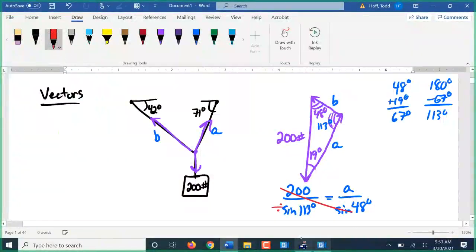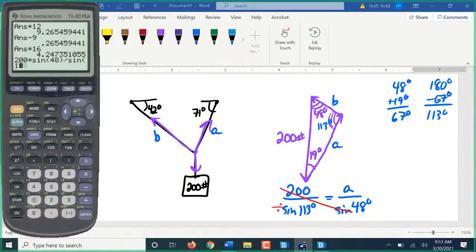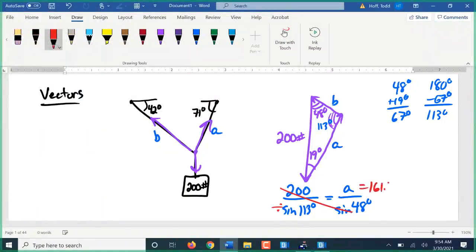Find A. 200 times the sine of 48 degrees, close that parentheses, divided by the sine of 113 degrees gives 161.46. So remember, this represented this rope right here. That's 161.46 pounds.